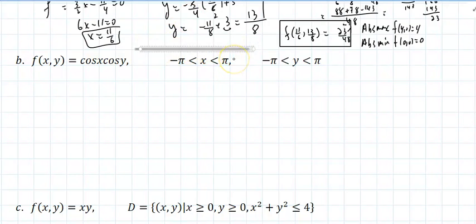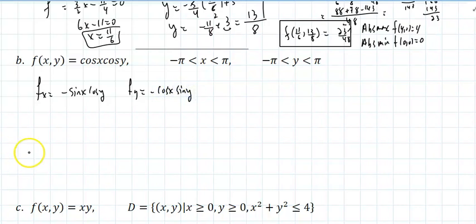I might have to change the domain. I made those at random. Let's see how this works. If I take f sub x, isn't f sub x negative the sine of x cosine of y? f sub y, isn't f sub y negative the cosine of x sine of y? I'll deal with that in a minute.